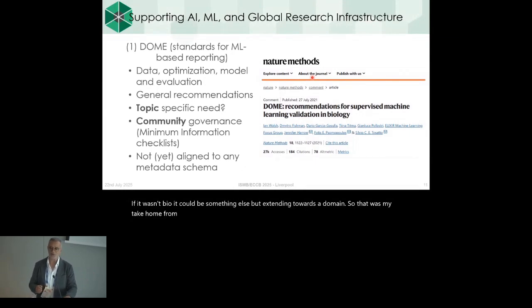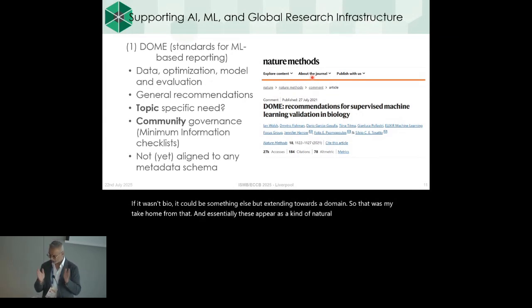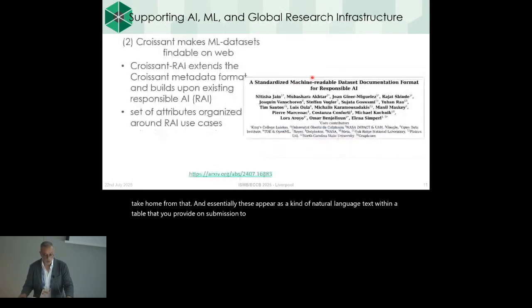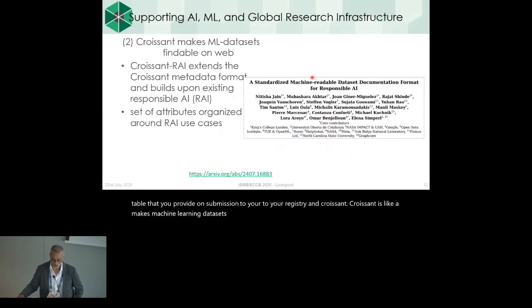And essentially these appear as a kind of natural language text within a table that you provide on submission to your registry. And Croissant makes machine learning data sets findable on the web, and RAI, which is the responsible AI part, extends that.